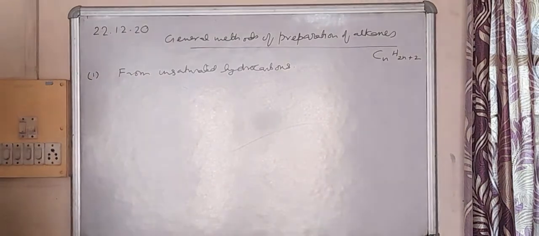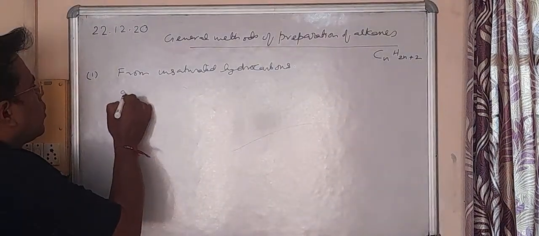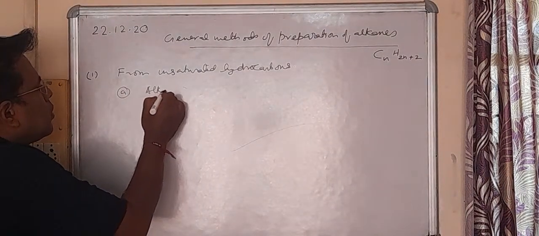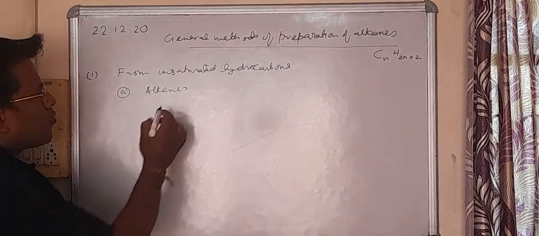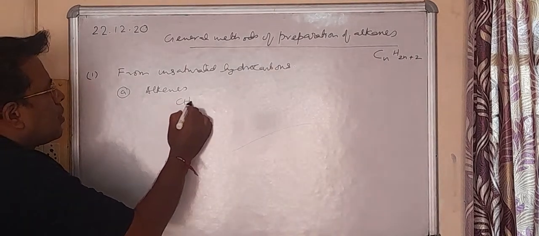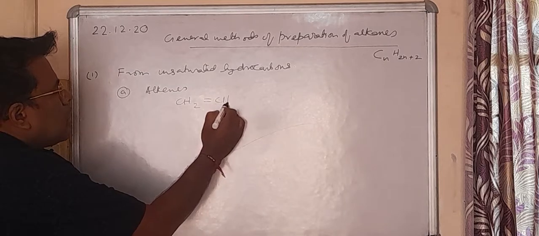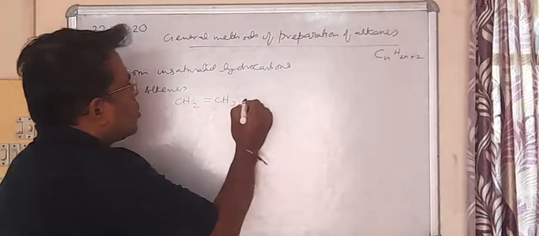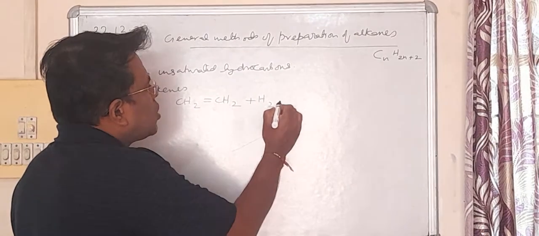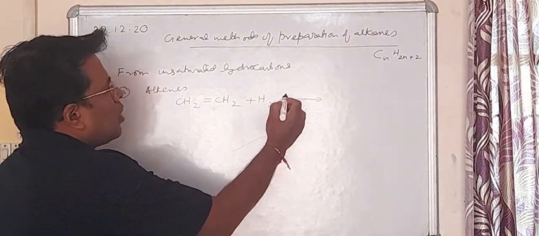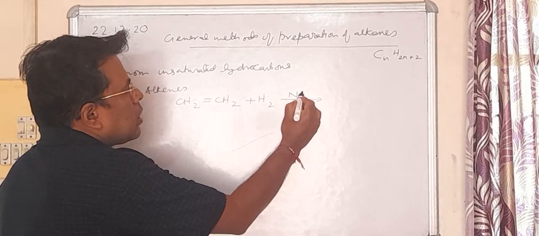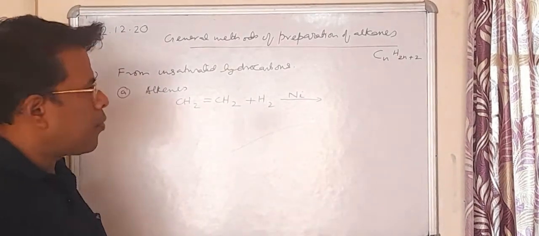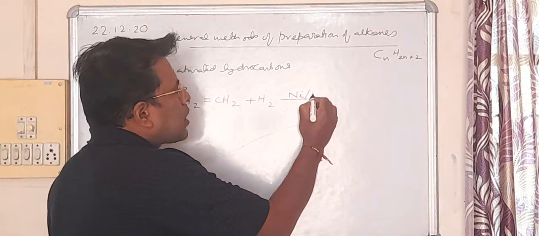Unsaturated hydrocarbons like alkenes. Say this is the simplest alkene. So hydrogen in presence of nickel as catalyst. It can be also platinum as catalyst.